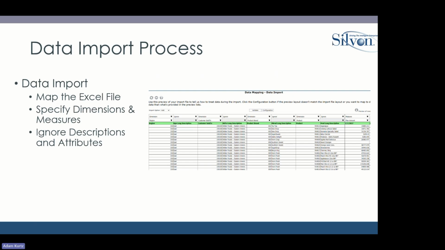And then there's the mapping. I'll show you the demo of this, but once you select your file, it depends on whether you've done it before or if you're using a template, whether you have to do some mapping. But this is the area where you'll go in and review the mapping and make any necessary adjustments.